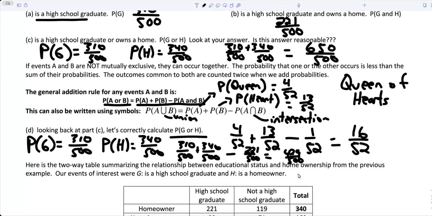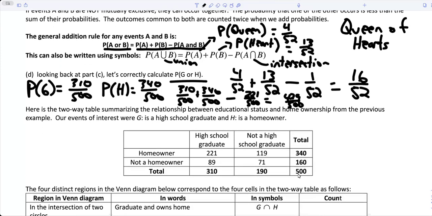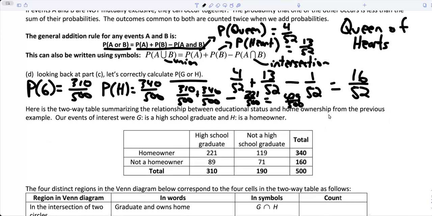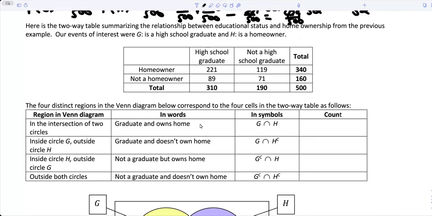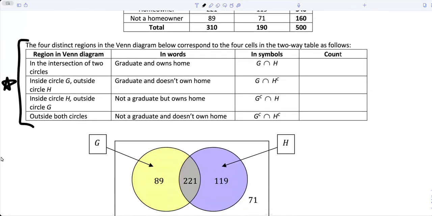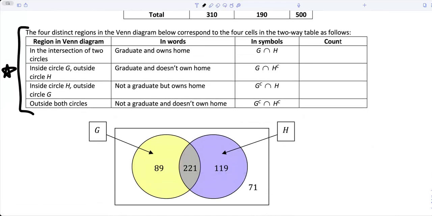All right. Here is the two-way table summarizing the relationship between educational status and home ownership from the previous example. We're going to look at the two-way table in symbols, which you are responsible for, right? And that is also associated with the Venn diagram here.